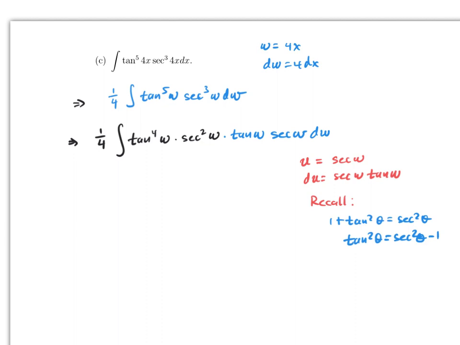Okay, so from here, this is equal to 1/4 the integral of, if u is secant, then this is going to be (secant squared w minus 1) squared times secant squared w times tangent w secant w dw. Okay?